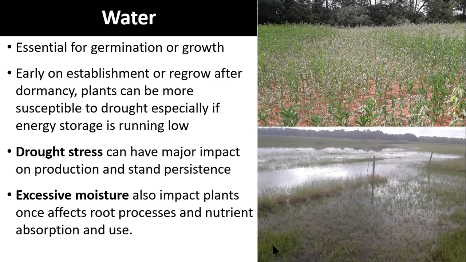On the top picture here, we have a sunhemp field that went through a really prolonged drought in early establishment, and it really compromised most of the field. So plants were actually wilted and dying at this point.